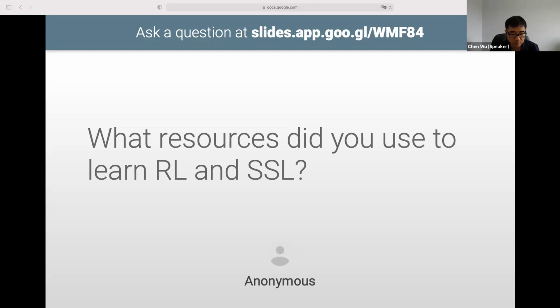Sutton has a book on reinforcement learning, which is a classic. David's lectures coupled with that book will be really good. I understand there is also a Coursera reinforcement learning course, which is also based around Sutton's book. Those are definitely worth looking into.